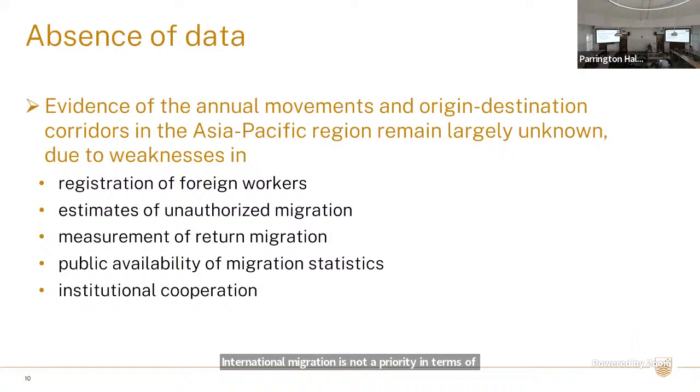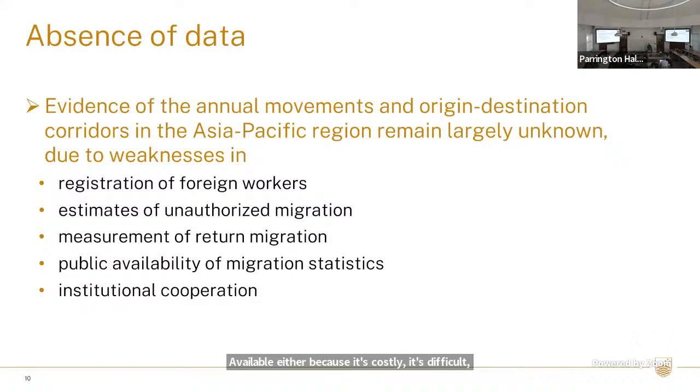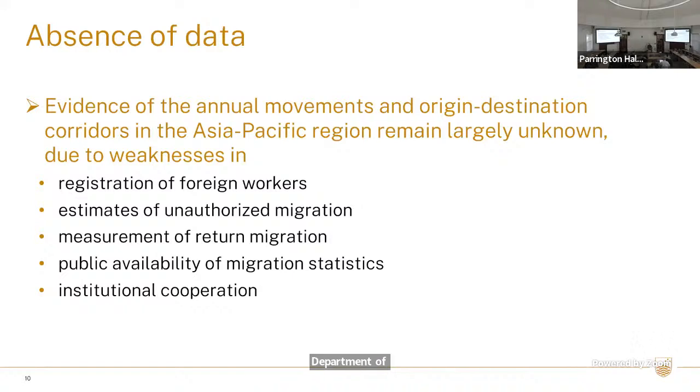Or even if they have the data or the means to collect it, they don't make it publicly available, either because it's costly, it's difficult, it's not considered reliable, or it's politically sensitive. And the last thing is there are all sorts of issues with migration statistics in terms of institutional cooperation. This could be cooperation across countries, but also within countries. You might have your Department of Labor that doesn't communicate with your Department of Refugees or your Department of Education, whoever's gathering the data.